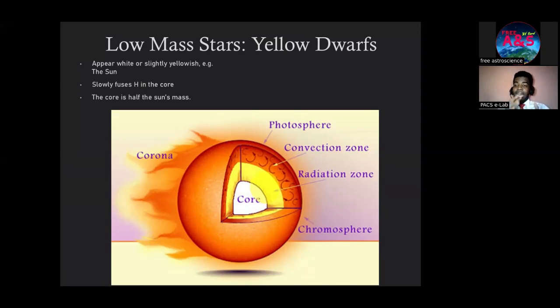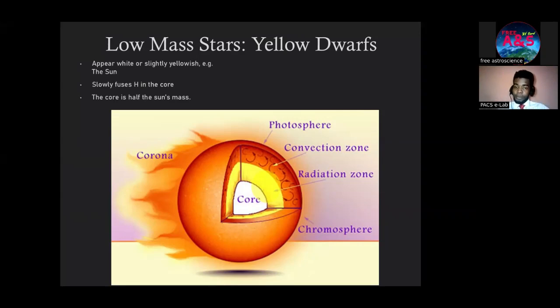But as the hydrogen in the core is exhausted and becomes helium, the helium contracts to generate heat. The heat increases even to the point of 10 million Kelvin, able to fuse the hydrogen in the radiation zone. And that is when the star will begin to inflate.